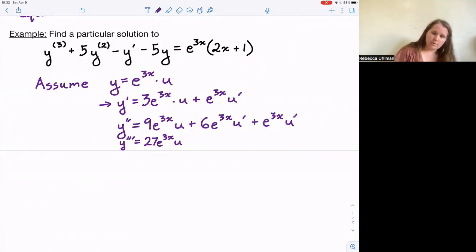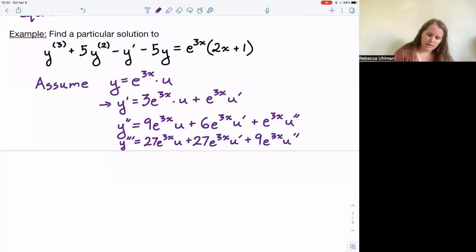Sorry, this last one should have been a double prime in the previous row. So 9 e to the 3x times u prime plus 18 e to the 3x times u prime would give us 27 e to the 3x times u prime. Then we would have a 6 e to the 3x times u double prime plus a 3 e to the 3x times u double prime would be 9 e to the 3x times u double prime, and then plus e to the 3x times u triple prime.